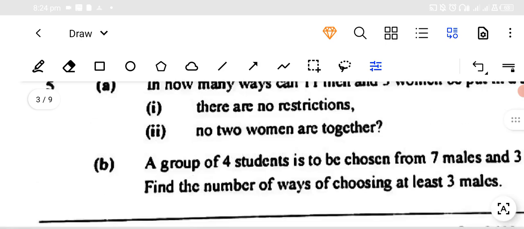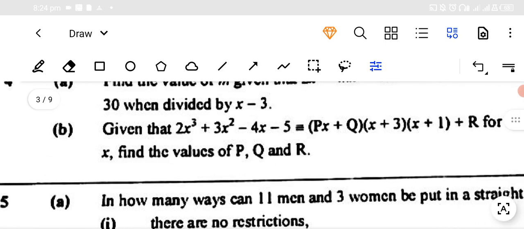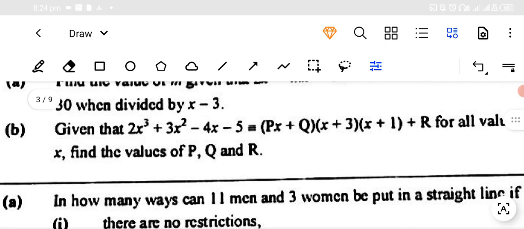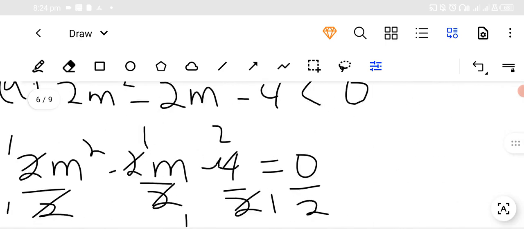What do we have this side? Px plus q multiplied by x plus 3.